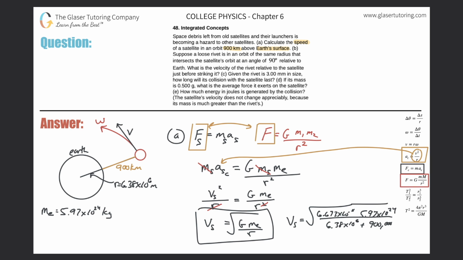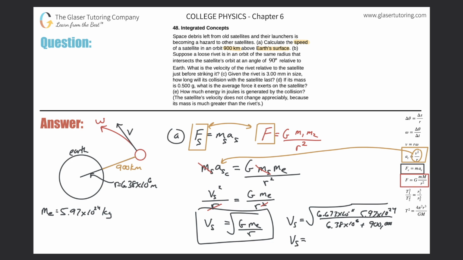All right, and let's just calculate. Take the square root of 6.673 times 10 to the minus 11 multiplied by 5.97 times 10 to the 24th and divide that all by, realize something, no, it's not squared anymore, sorry. I'm so used to doing this formula with r being squared, and I just realized, oh wait, it's not squared, but it shouldn't be because one of the radii canceled, okay?